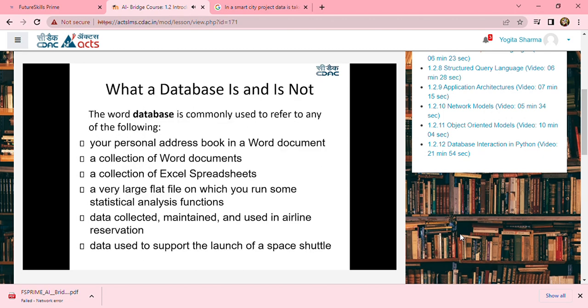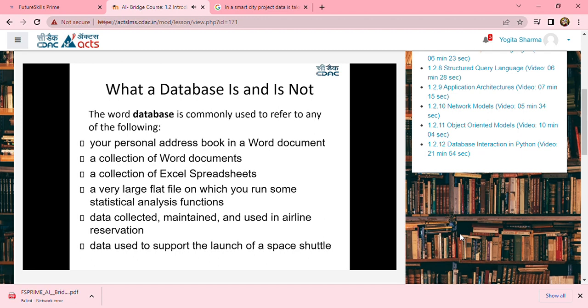Right? Now, having a very brief understanding about database management system, what is a database and when can we say that it is not a database? The word database is actually commonly used across, right, and refers to any of the following: your personal address book in a Word document, a collection of Word documents, a collection of Excel spreadsheets, a very large flat file on which you run some statistical analysis functions, the data which is being collected, manipulated, and used, data used to support the launch of a space shuttle.